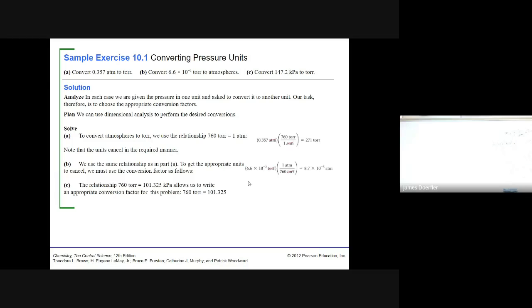What number goes on top? You say uno? Uno. And what goes on bottom? 760. So you take 6.6 times 10 to the negative second, essentially multiply by 1, then divide by 760. You get 8.7 times 10 to the negative 5 atmospheres.